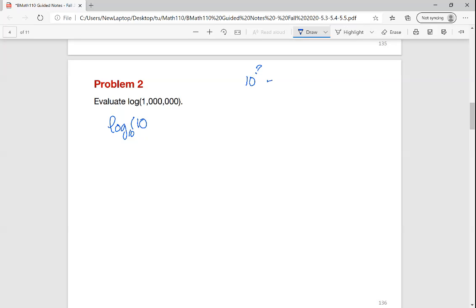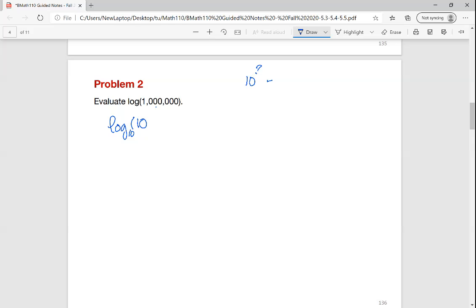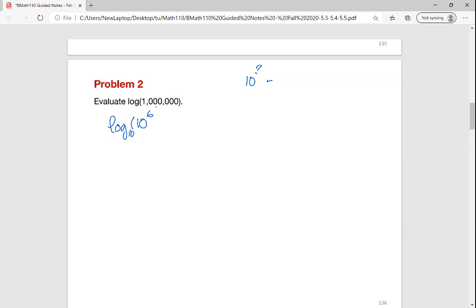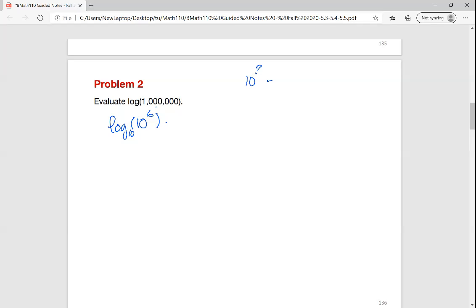I know that it will be 1, 2, 3, 4, 5, 6, 10 to the power 6. So from now, apply the inverse property. The base 10 of the log and the base 10 of the argument cancel, and the answer should be only the exponent of the argument, which is the number 6.